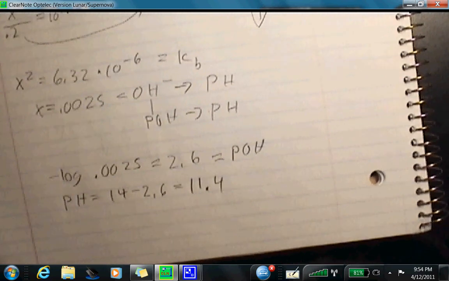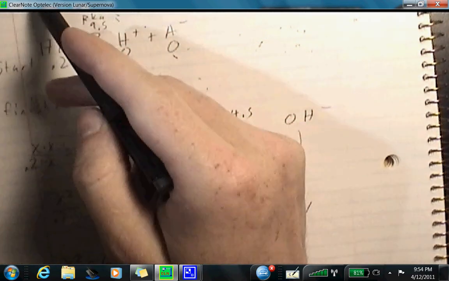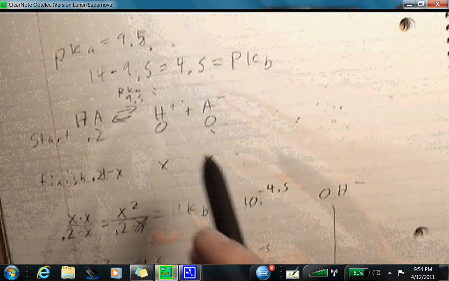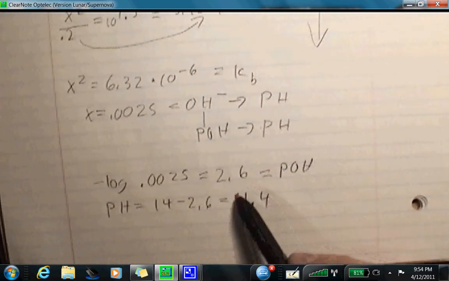So if you can't get it right, write out all your variables and all your pathways that you can take from point A to point B. In this case, to get from point A to point B, we had to convert from our pKa into our pKb, use our stoichiometry formula, plug that in, and solve for our OH concentration. Once we knew our pOH, we could convert it into pH, and we get our answer of 11.4 as our pH.